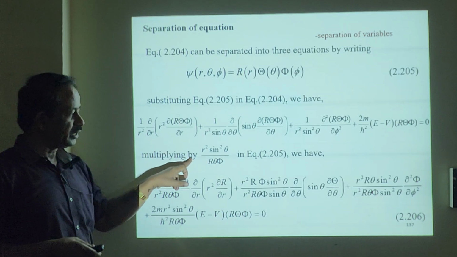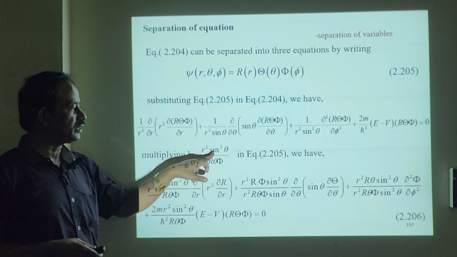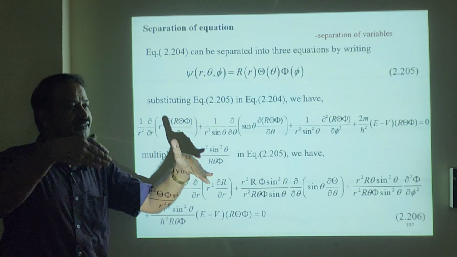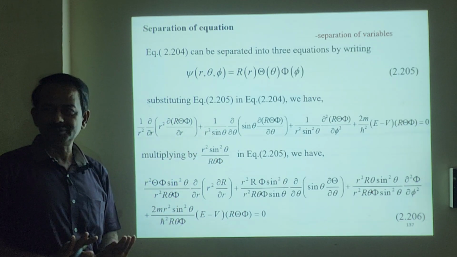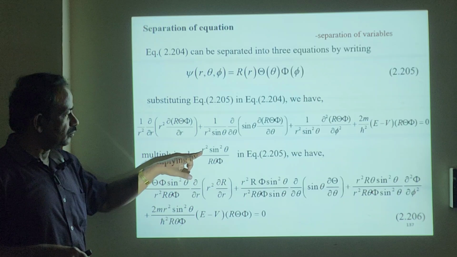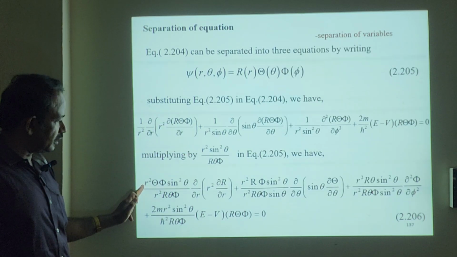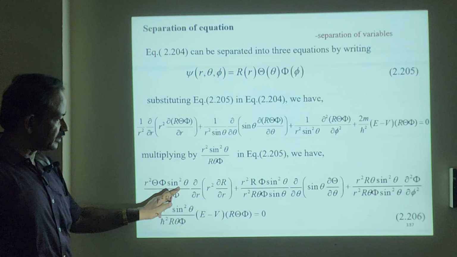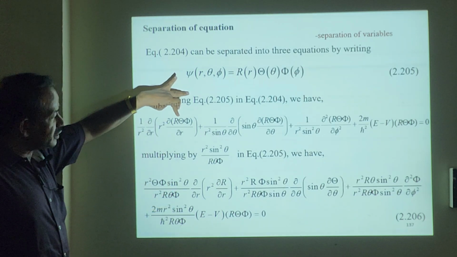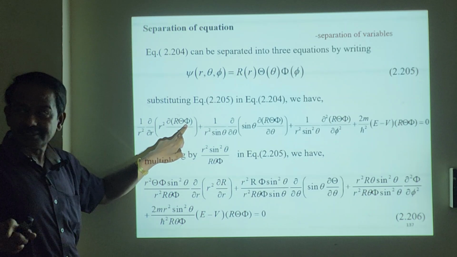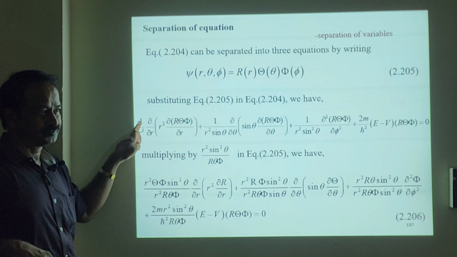Now you just multiply by this factor, r squared sin squared theta divided by R Theta Phi. Our aim is to separate r, theta, phi and get the solution. So now we are going to multiply this. When you multiply, this will give you r squared sin squared theta. Now look at this equation. It depends only on r, and theta and phi are constants, so you pull them out.